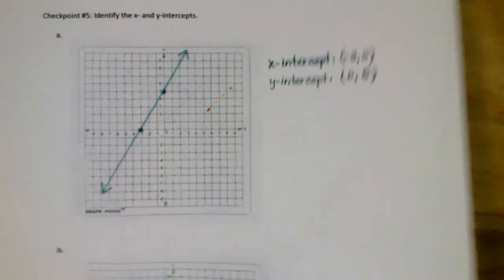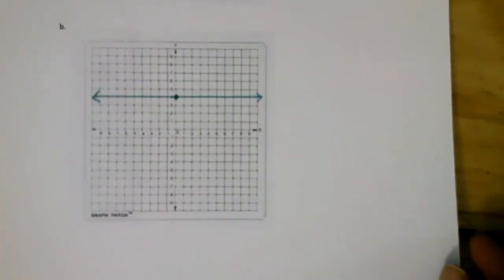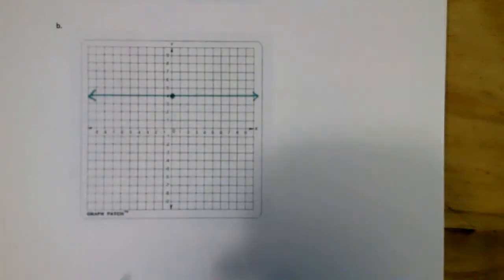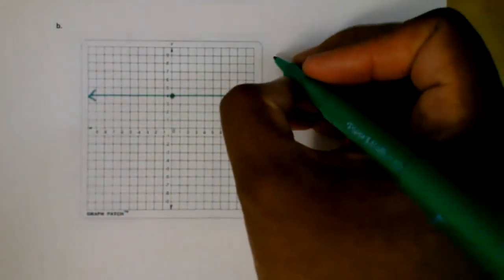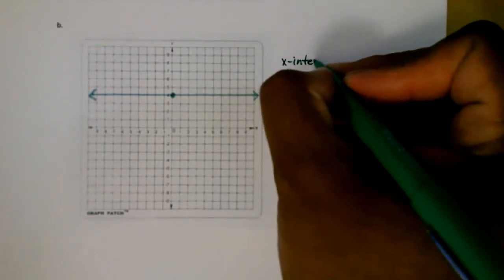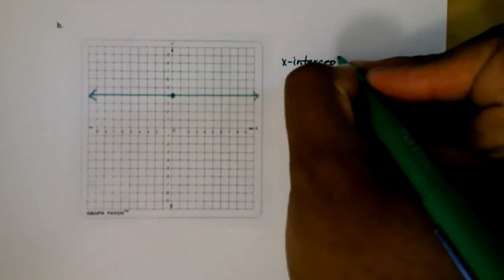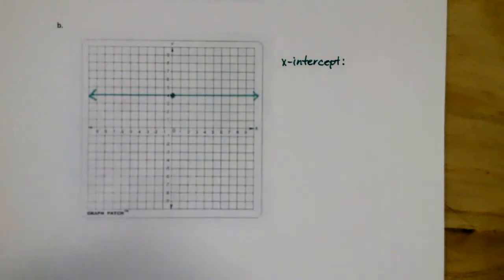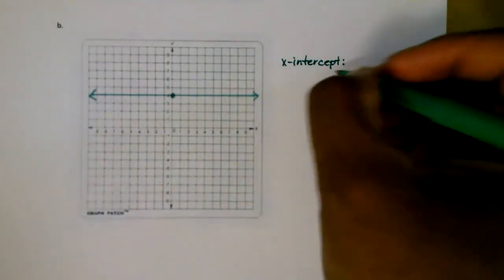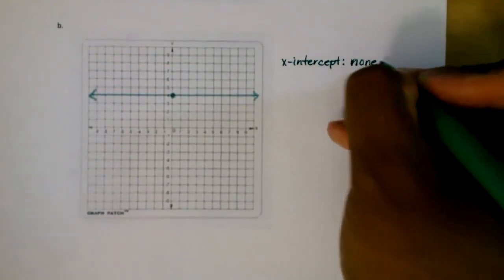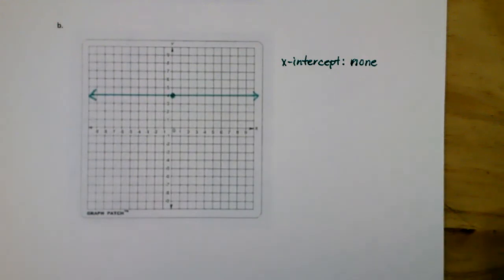All right, now let's look at another example. Let's look at part B. Here's a line, looks like this. And we want to identify the x and y intercepts. Let's start with the x-intercept. If you look, this line is not crossing the x-axis anywhere. So that means that there is no x-intercept. We can just say none for that.